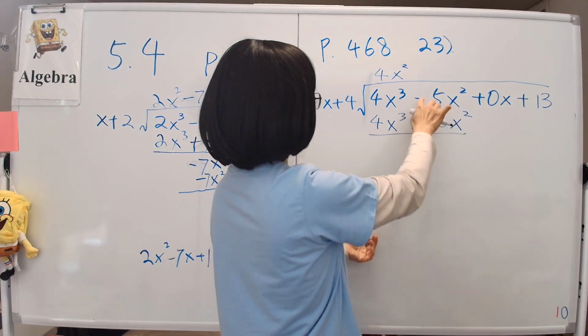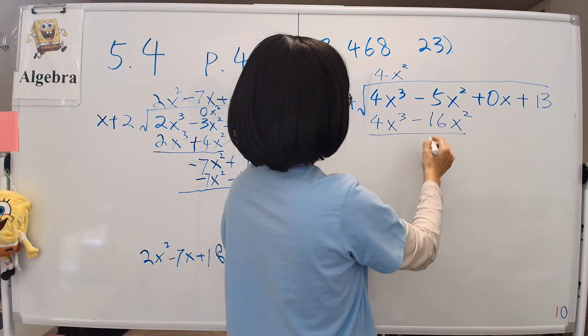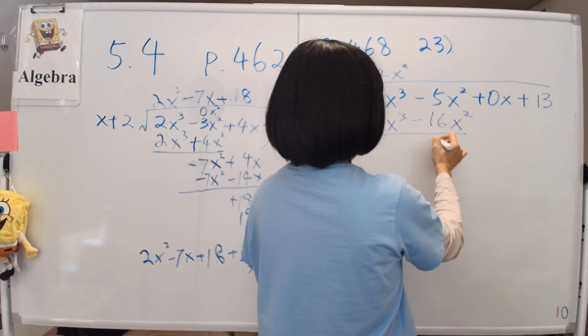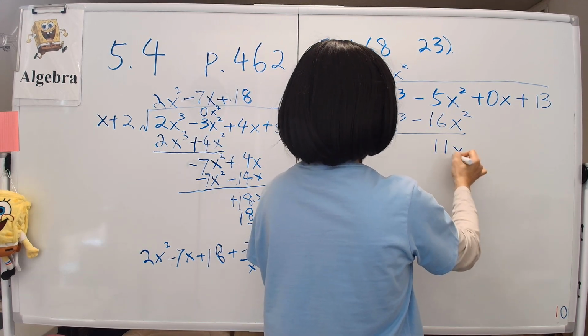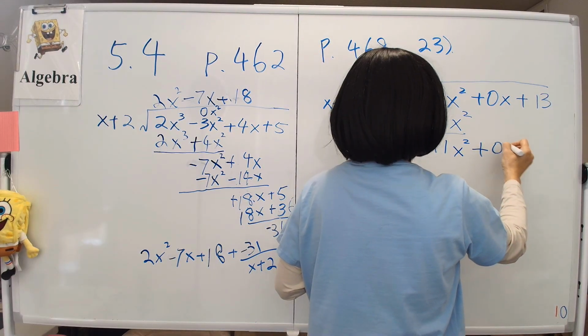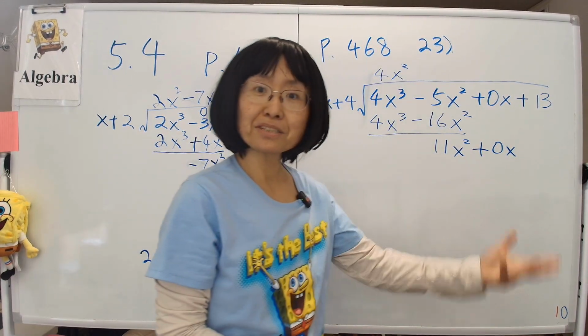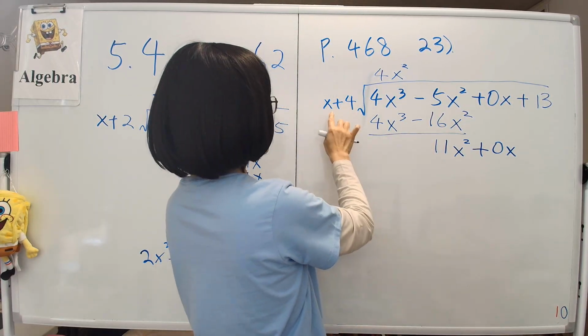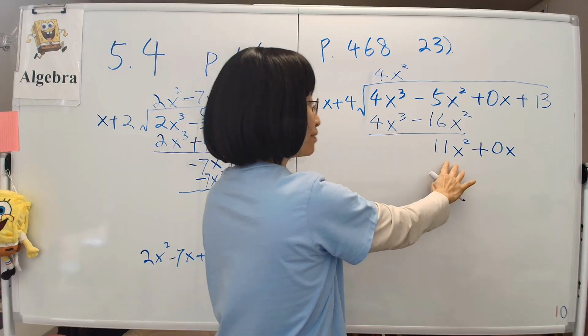Subtracting, that would be equal to minus 5 plus 16, which is 11, so 11x squared. And then we write down the next term, which is 0. You might wonder, what am I supposed to do with 0? Same thing you do with any other number, okay? And we repeat the process. So something times x had better be 11x squared.